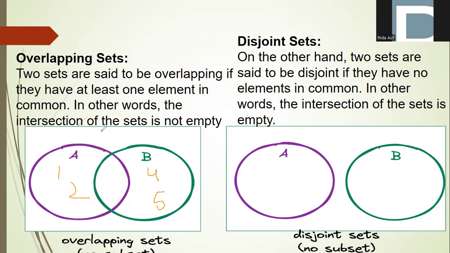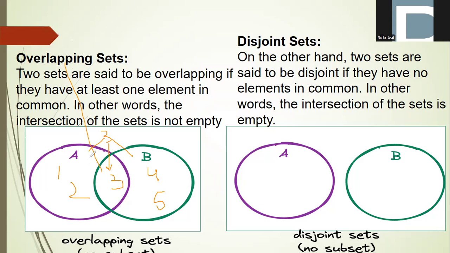Because 3 is a part of set A as well as a part of set B. So I have to write 3 here in this overlapping space. So these two circles are overlapping. Why? Because here 3 is common in both the sets. So I have to draw the Venn diagram like this.